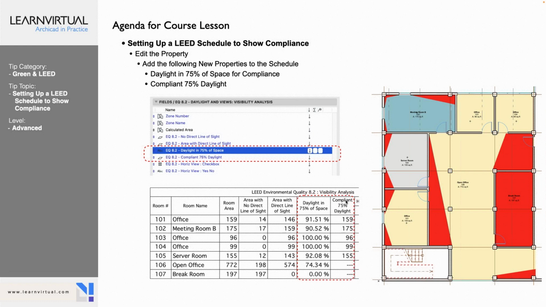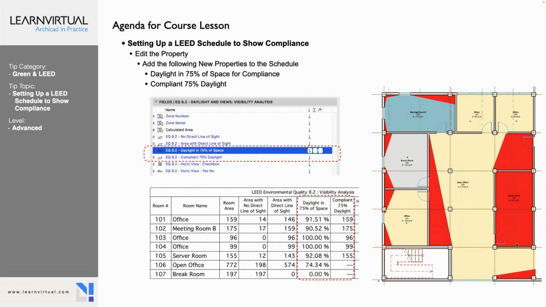It's basically just putting a formula down for us in order for it to show the appropriate square footage or not within the compliant section of this visibility analysis. And you can see here where it's picking that information up from. Remember, we drew each of these red zones here, which are the areas that are not visible.